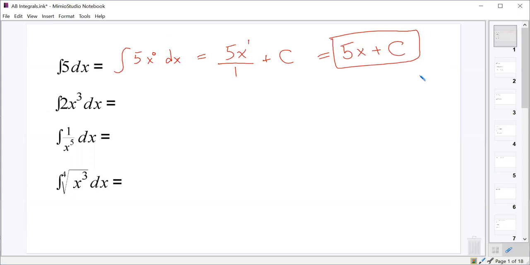So let's take a look at the next one, 2x cubed dx. So once again, this is just a coefficient and x to a power. So we can just use that power rule. It should become 2x to the what power?